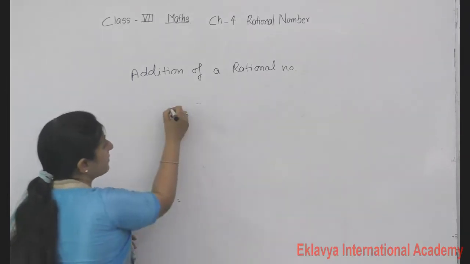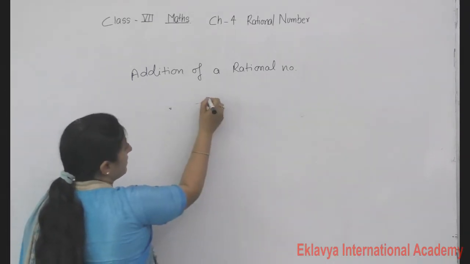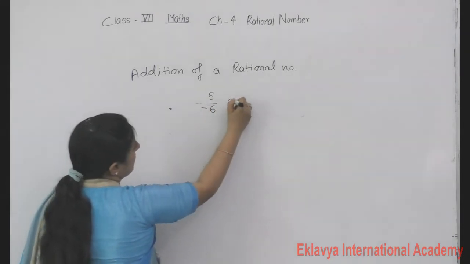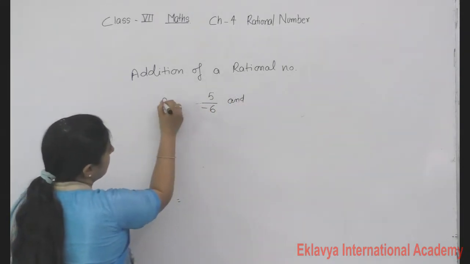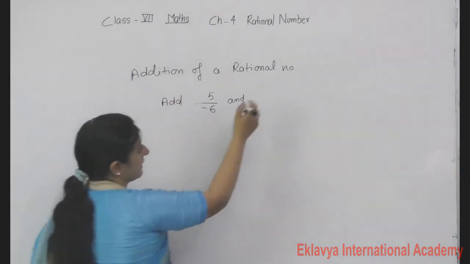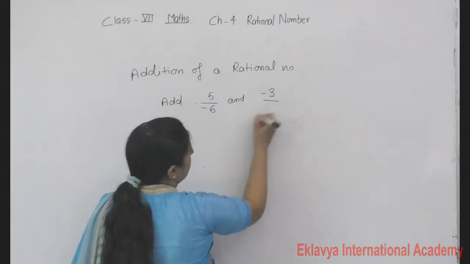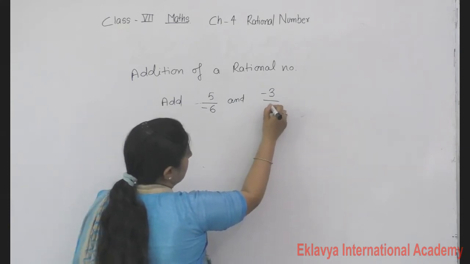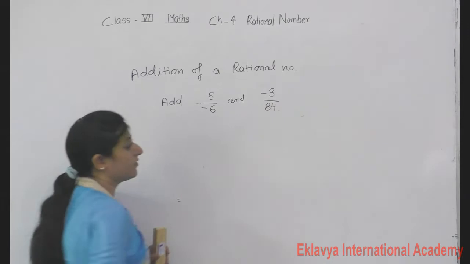Suppose I write down 5 upon minus 6 and minus 3 upon 84.